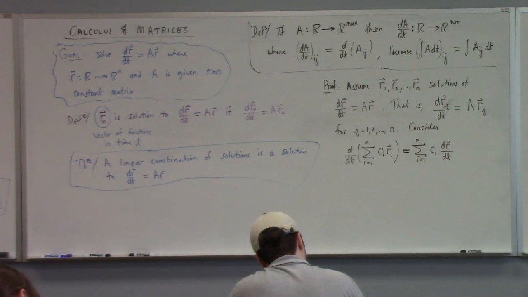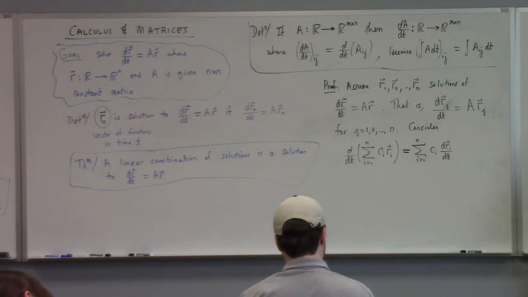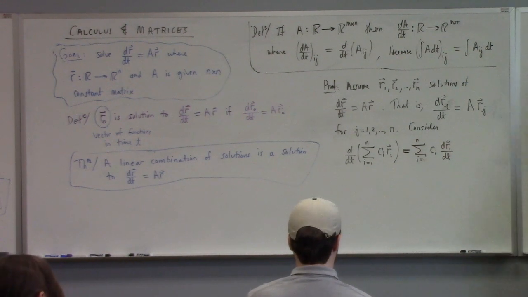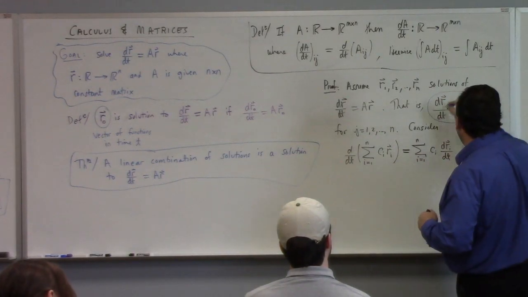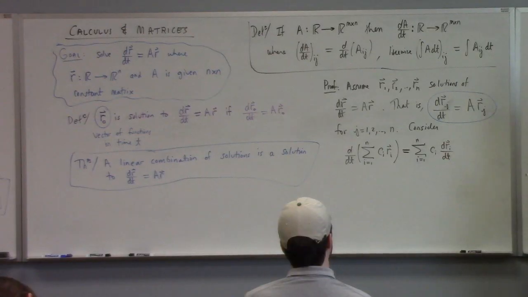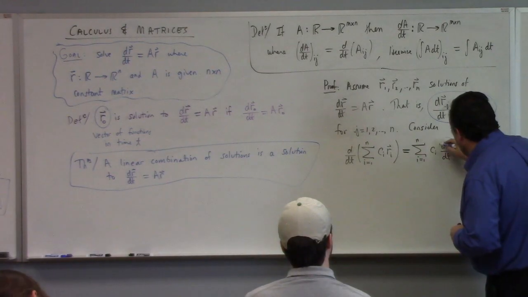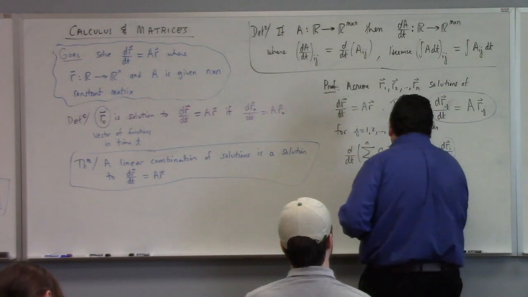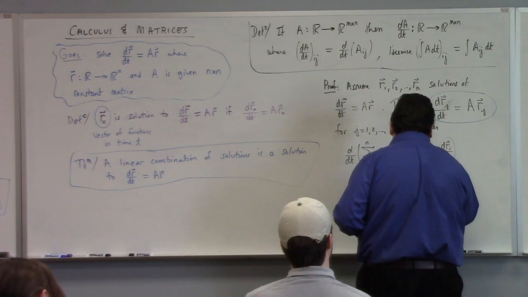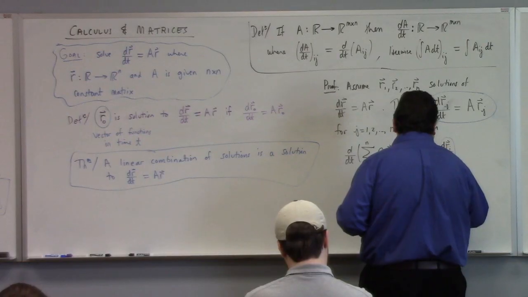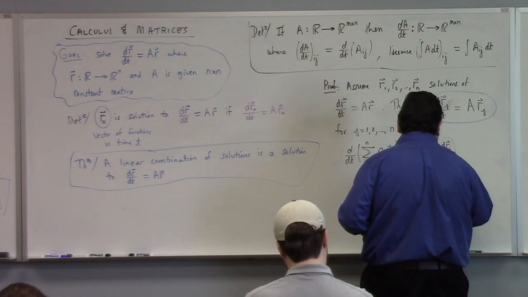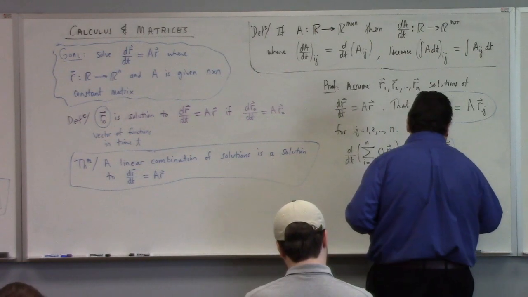Now what are we assuming? We're assuming that we've got solutions, right? When we plug them in and differentiate them, they solve this equation right here. So I can take this dRi/dt and replace it with the sum, i equals 1 to n, of ci A Ri. Did you guys see that?